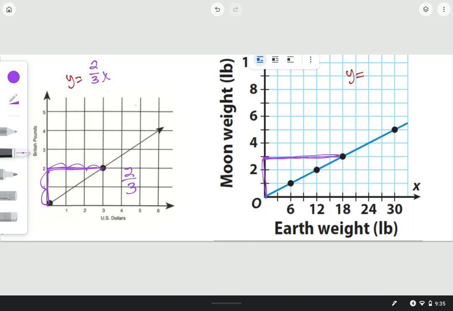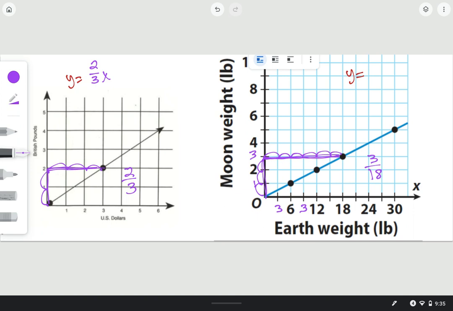My rise is, so let's see, so this is 1 and this is 3, so 0, 1, 2, 3. So my rise is 3. My run is, I'm counting by 3s, or you can just realize I'm going from 0 and going to 18. 3, 6, 9, 12, 15, 18.